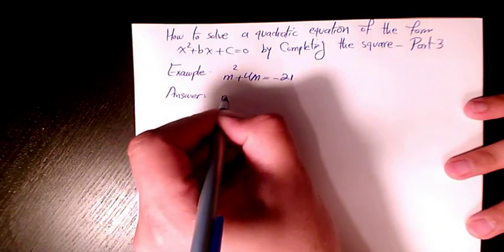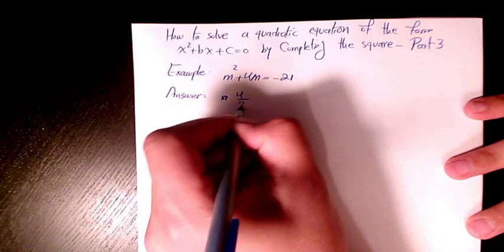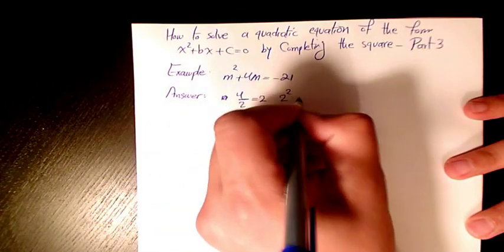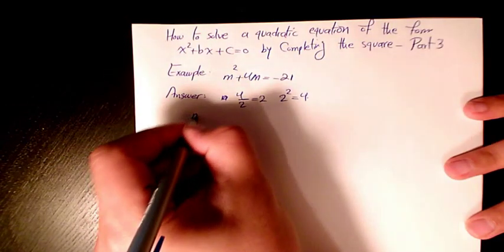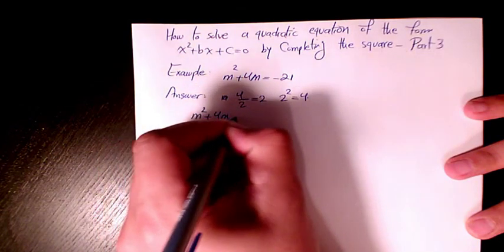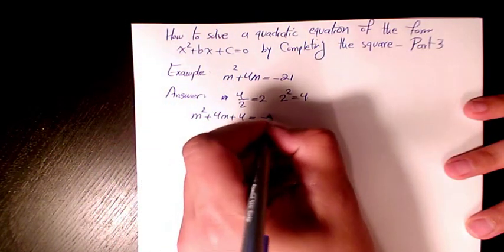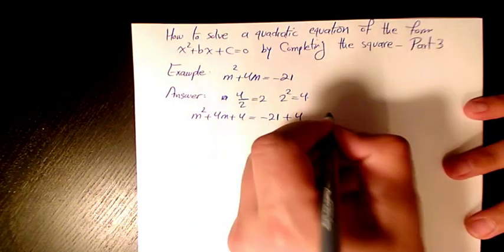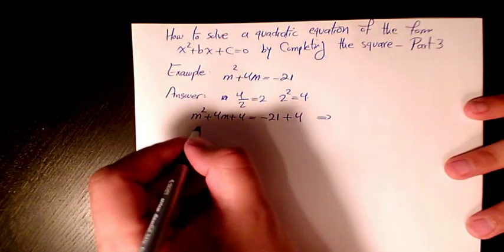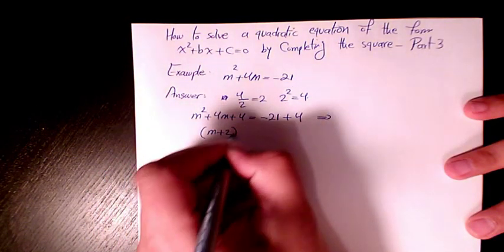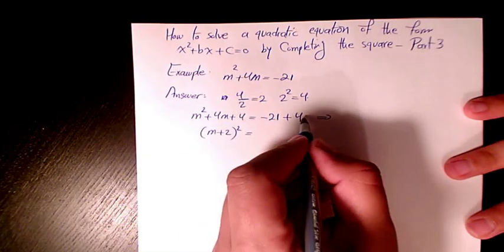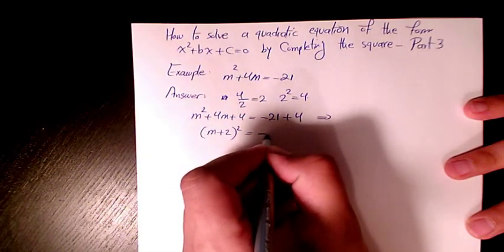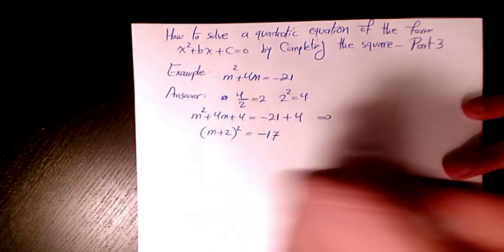So I have 4 divided by 2, that will be 2. 2 squared, that will be 4. So we have m squared plus 4m plus 4, and here we have negative 21 plus 4. So we have (m plus 2) to the power of 2, and negative 21 plus 4 is negative 17.